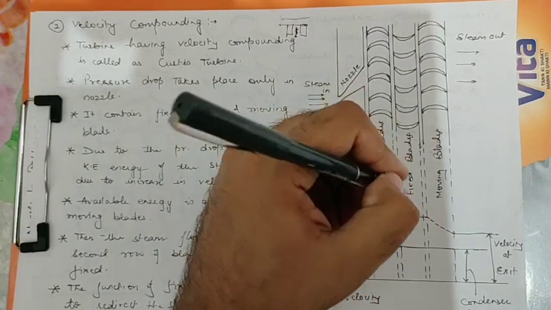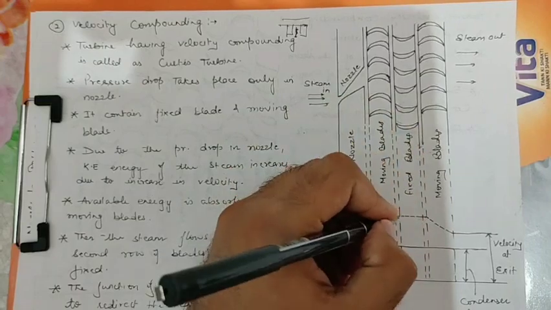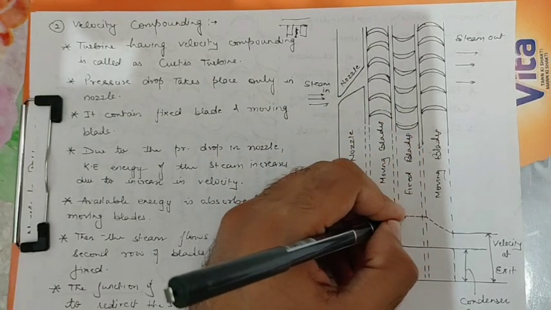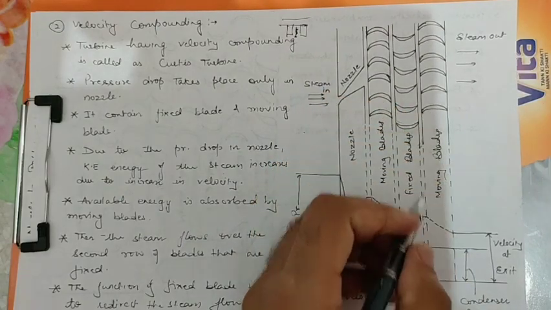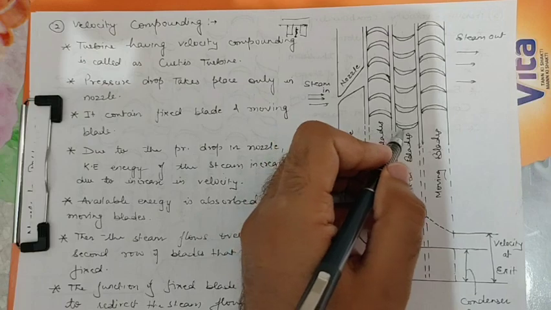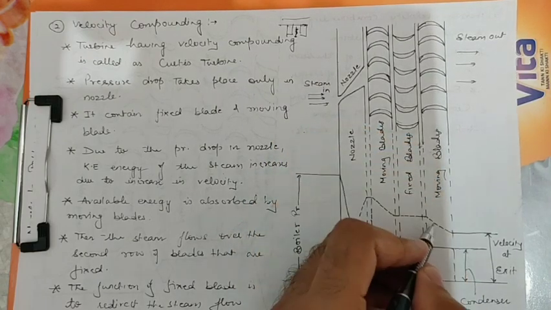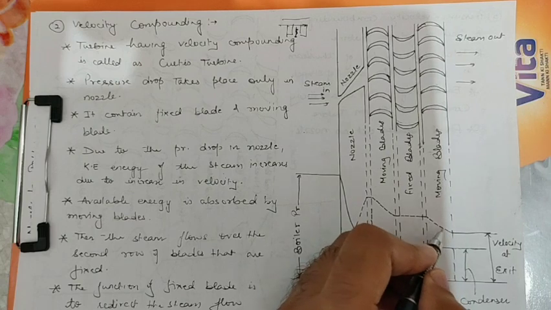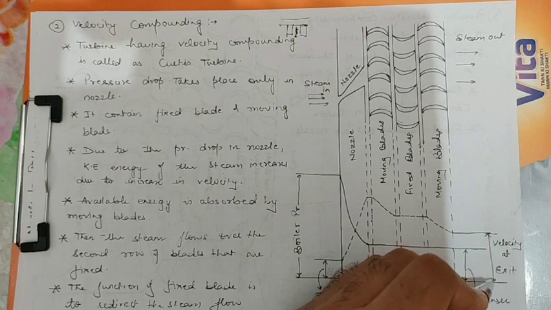So what will happen? There is no change in velocity in the fixed blade, so it is constant in this graph. Now again there is a row of moving blade, so the remaining velocity of the steam that is coming from the fixed blade is absorbed by the second row of moving blade, and then again velocity decreases, and hence there is velocity at exit. This is the velocity at exit.